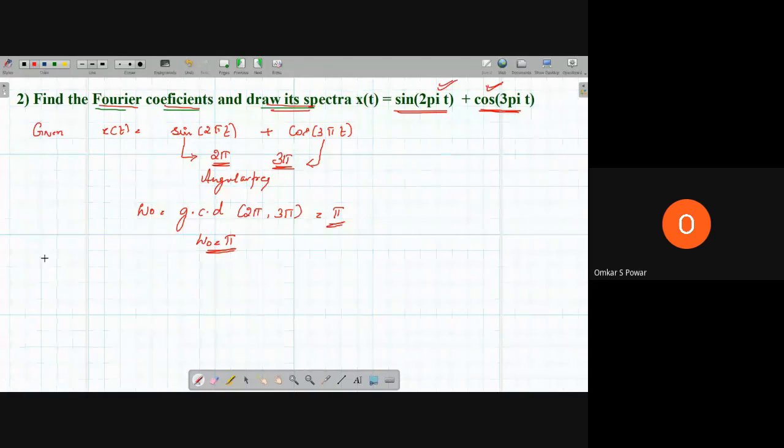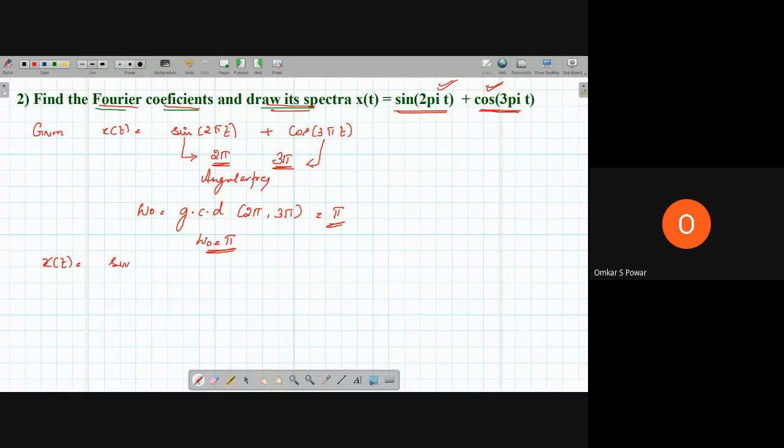So let us solve. We have our signal x of t is equal to sin 2 pi t plus cos 3 pi t. What we have to do is express it in terms of exponentials.